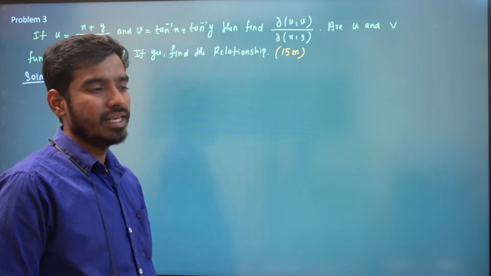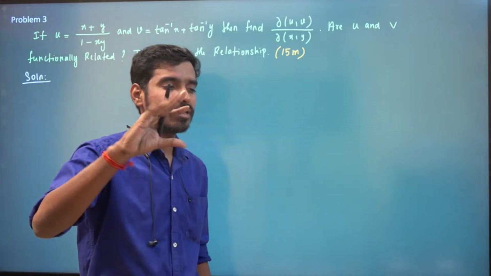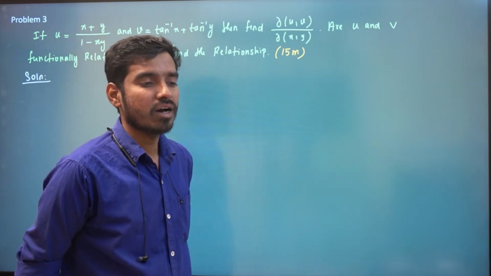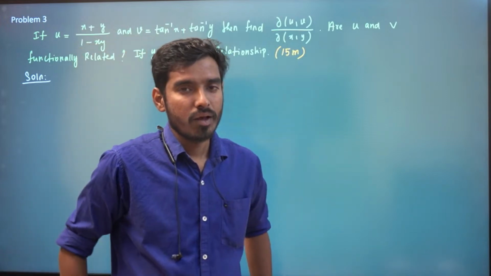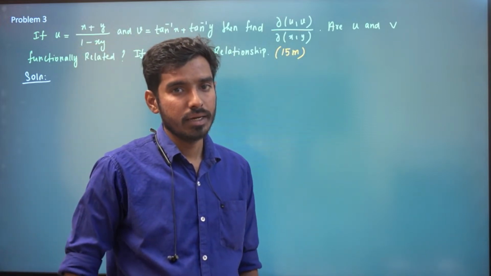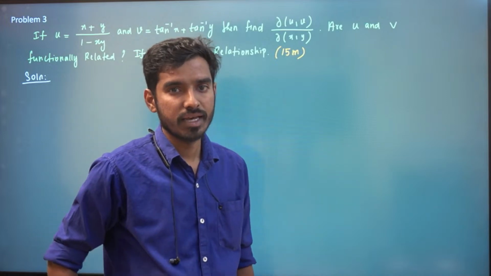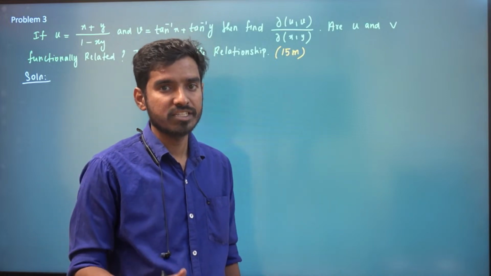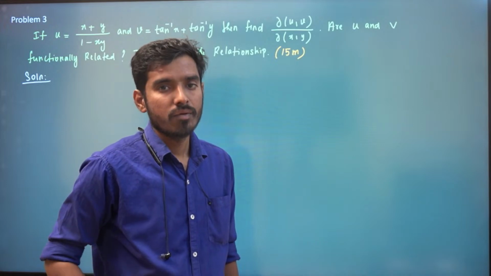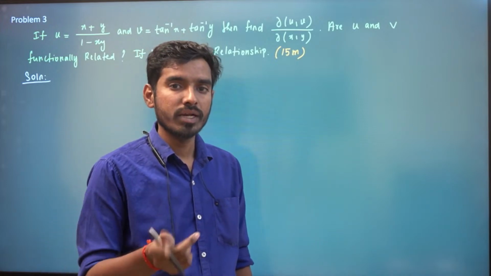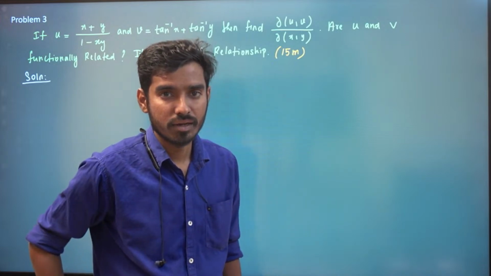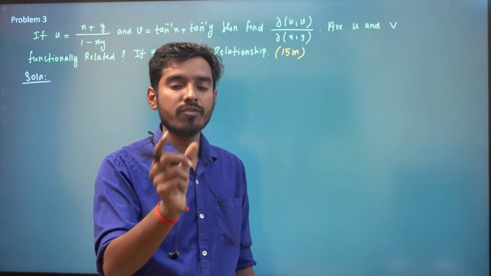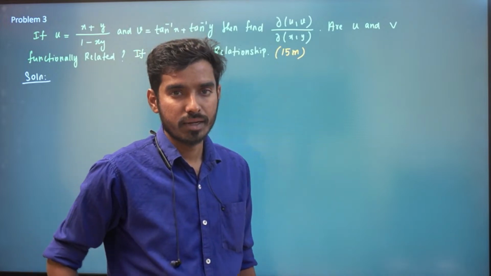Yes or no? See, you just compare this with linear algebra, linearly dependent and linearly independent. When two vectors are linearly dependent, one can be expressed as the other, with the help of the other vector. When two vectors are linearly independent, one cannot be expressed with the other vector.